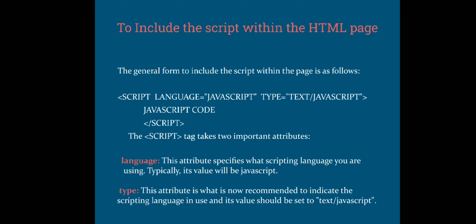So in this I'm going to include JavaScript. So the language value will be JavaScript and the type value will be text/javascript. In between the opening and closing script tags, I'll write my JavaScript code.